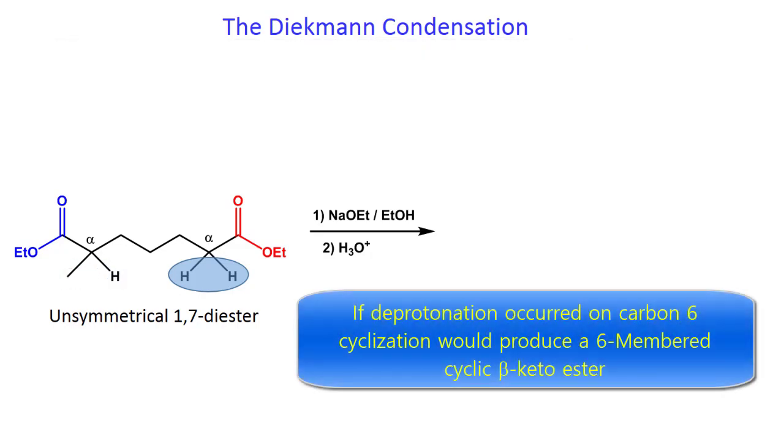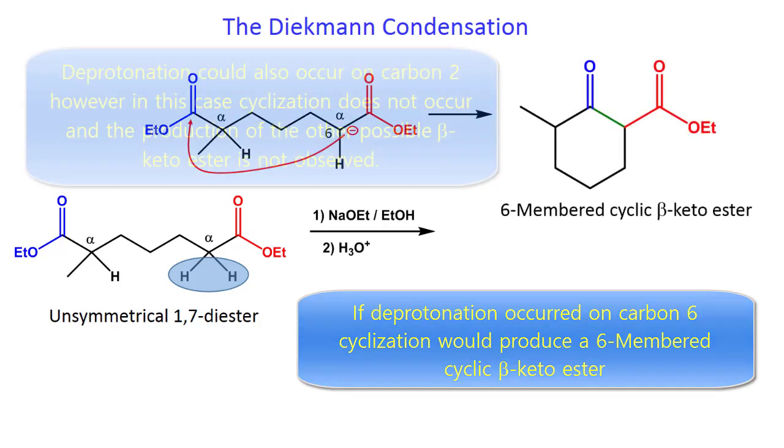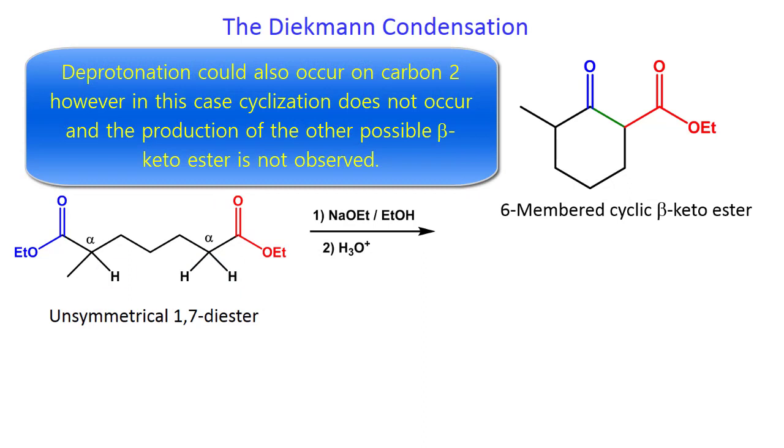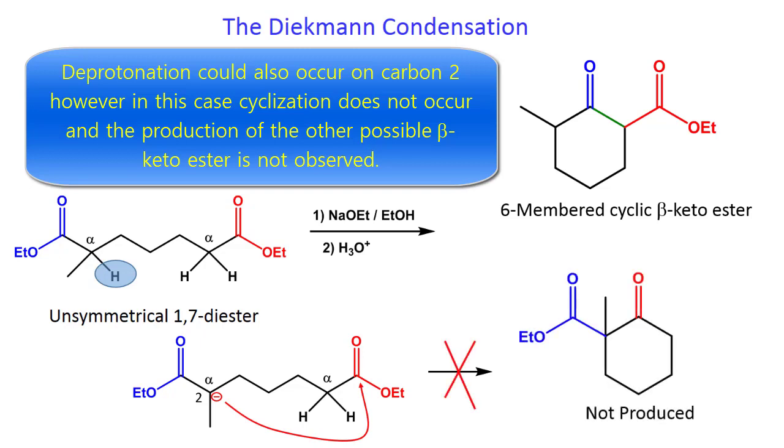If deprotonation occurred on carbon 6, cyclization would produce a 6-membered cyclic beta-keto ester. Deprotonation could also occur on carbon 2. However, in this case, cyclization does not occur, and the production of the other possible beta-keto ester is not observed.